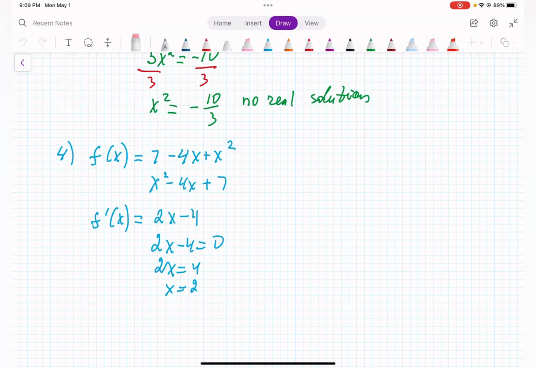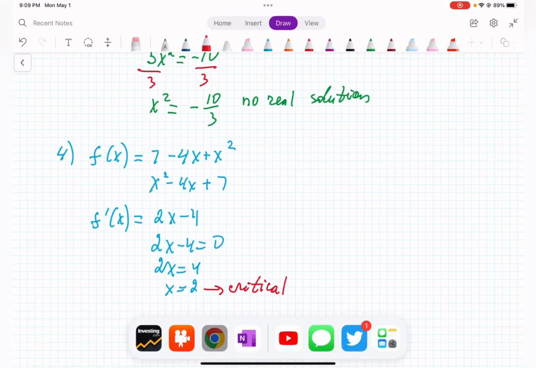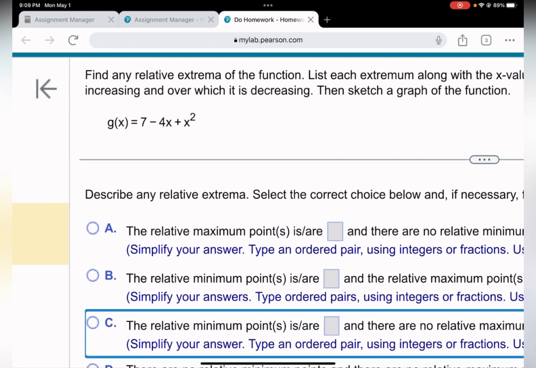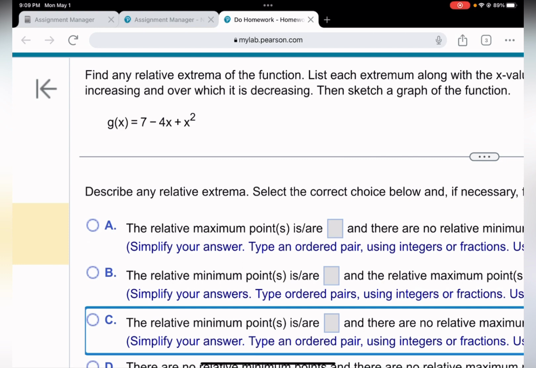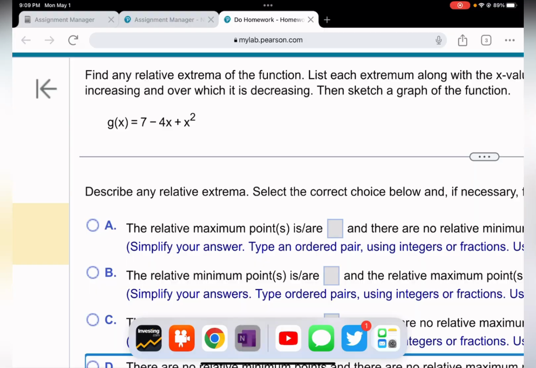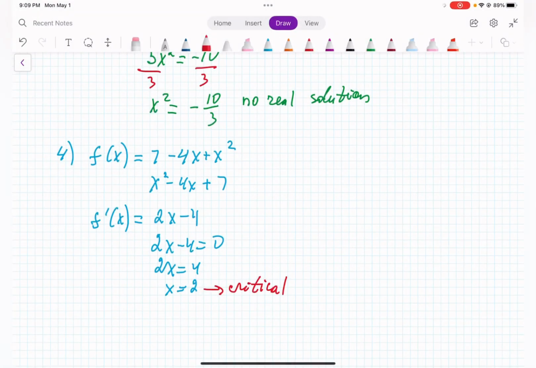So x equal to 2 is our critical value, right? Okay, let me see. Do we have the question to answer? Ah, no. It wants the coordinate straight. Okay, well, we can do it. It's not a big deal. So once we have a critical value, all we have to do is plug this critical value into the original equation, and see which y matches that x equal to 2.